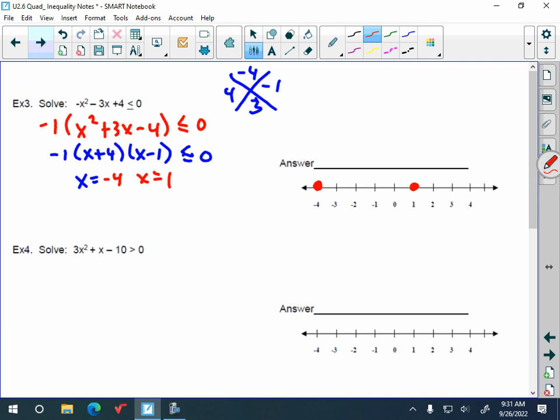Right. So again, always test 0 if you can. And you can see zero's in the middle here. We have negative 1 times 0 plus 4 times 0 minus 1. And we want to see, is that less than or equal to 0?